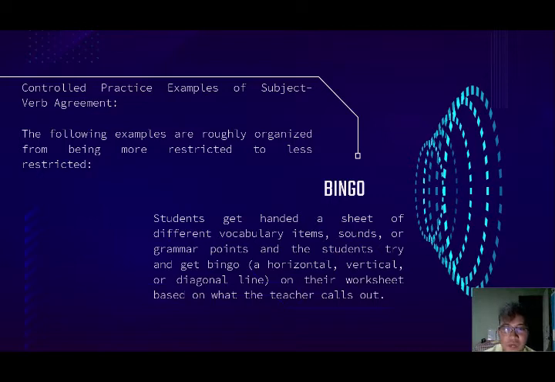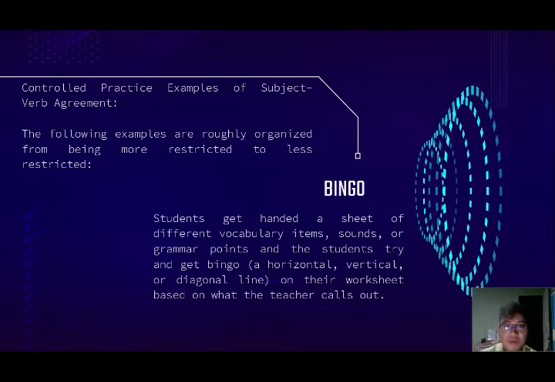However, for this one, the teacher could use a crossword puzzle. If you have encountered an exam with a crossword, it has different words or letters mixed together.